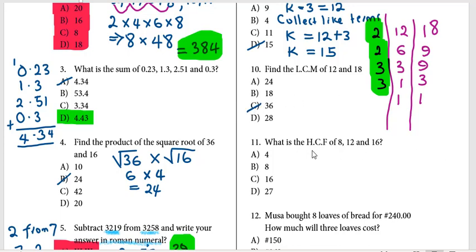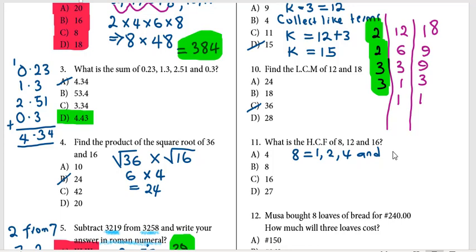Let's solve for the HCF here. HCF simply means highest common factor. So let's solve for the common factors of the following numbers here. Factors of 8 are 1, 2, 4, and 8.